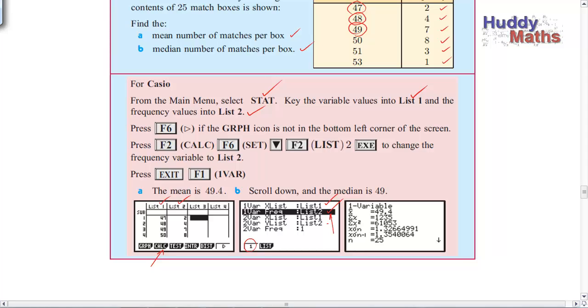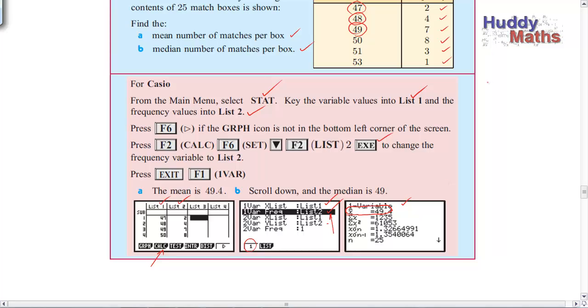So then if you exit that screen, and you can read those as well, and if you exit that screen and hit 1 there, like we did before, there it is, there's X bar, and you can scroll down and get the median as well.